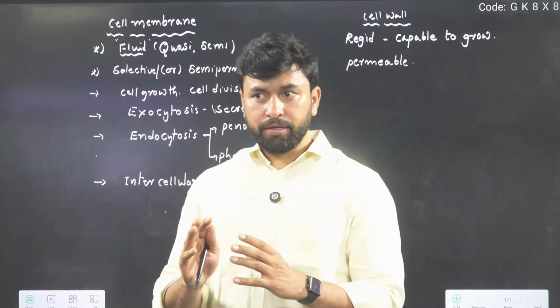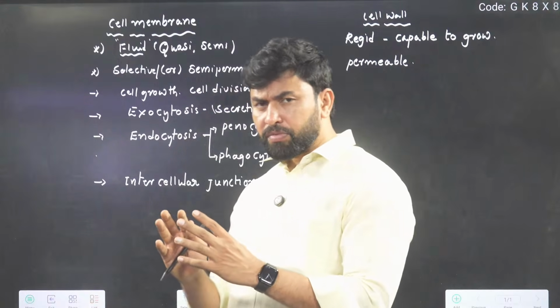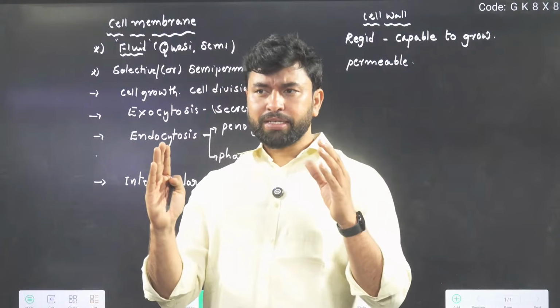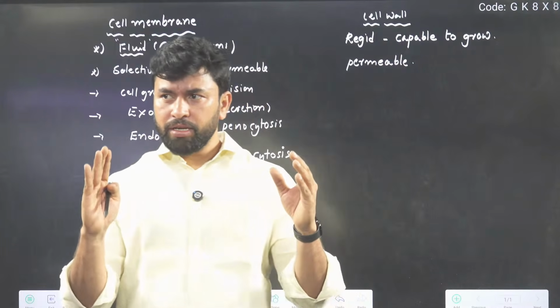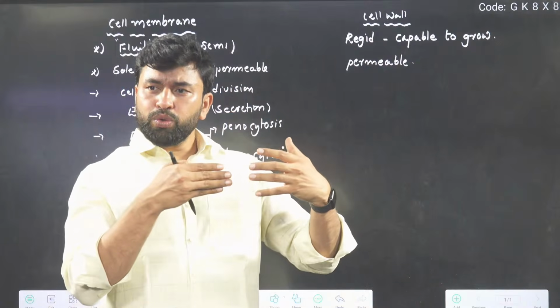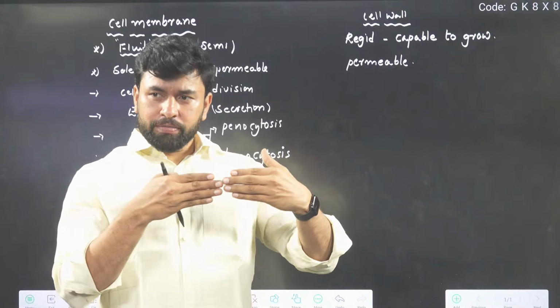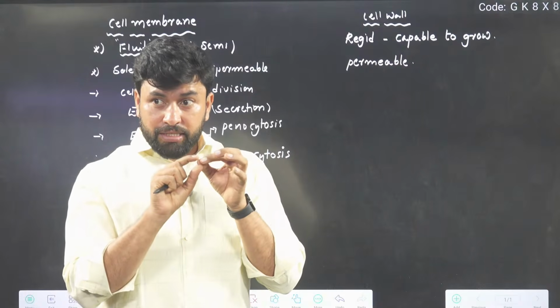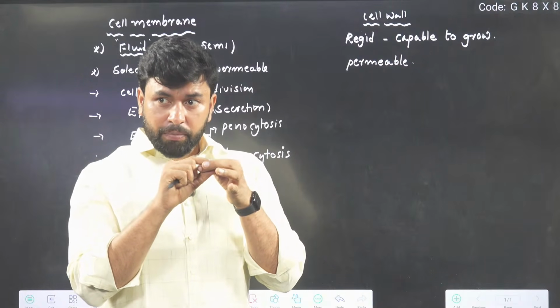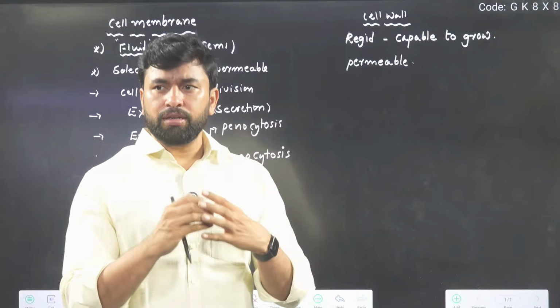Because of the fluid nature, plasma membrane will have this property. I take one cell's plasma membrane, which is fluid, and another cell's plasma membrane, which is also fluid, and make them come close to one another. When they come close, in some places that plasma membrane lipid and this plasma membrane lipid will join, because lipids are fusible.